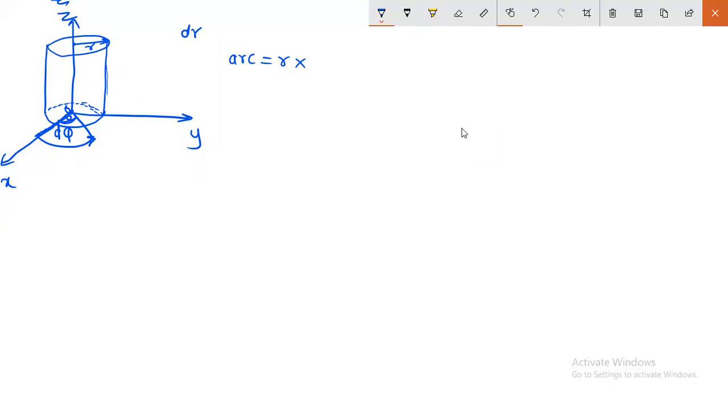The radius is r, and this angle is d phi. Therefore, we get the differential length r d phi. And if I consider the z coordinate, the differential length for z will be dz.